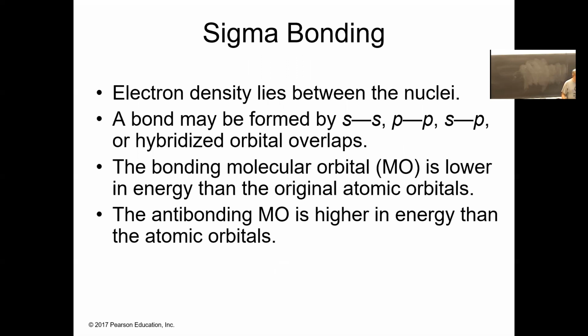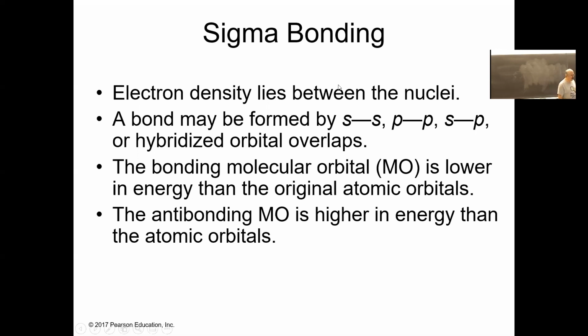We'll look at 2 main types of bonding. Sigma bonding, in which the electron density lies between the nuclei. Okay, there's a direct overlap. Sigma bond can be formed by 2 s orbitals, 2 p orbitals, or an s and a p, or by hybridized orbitals.